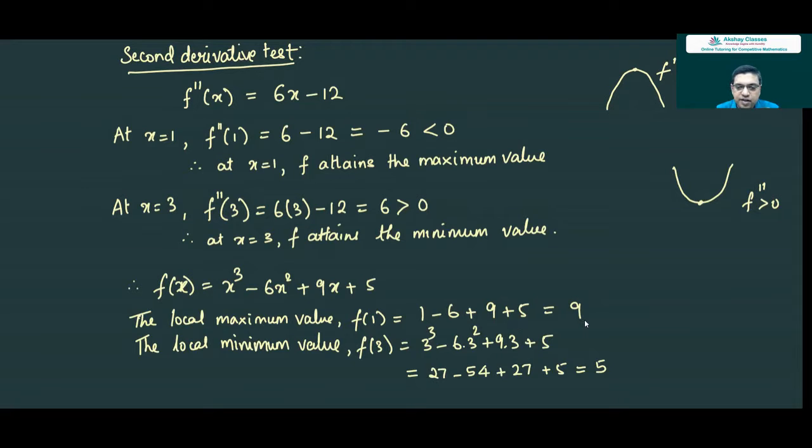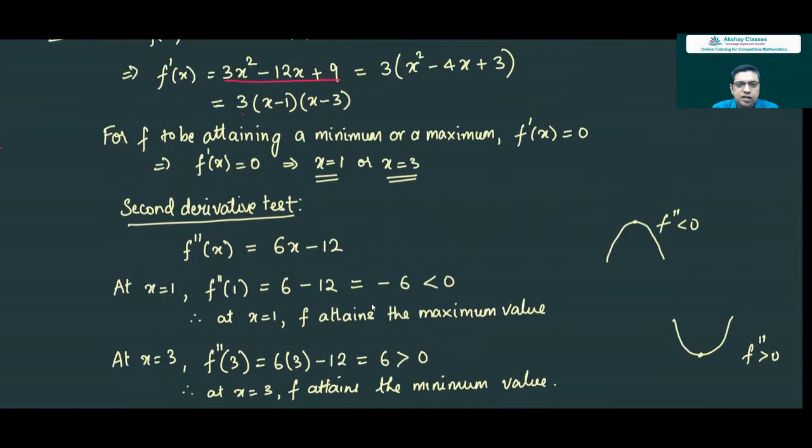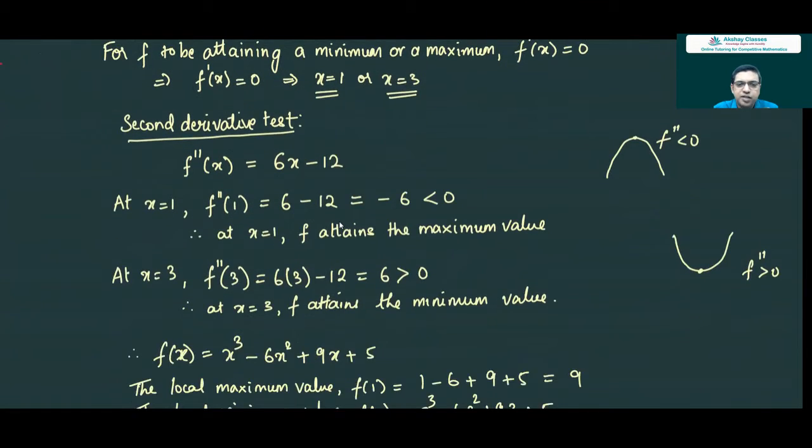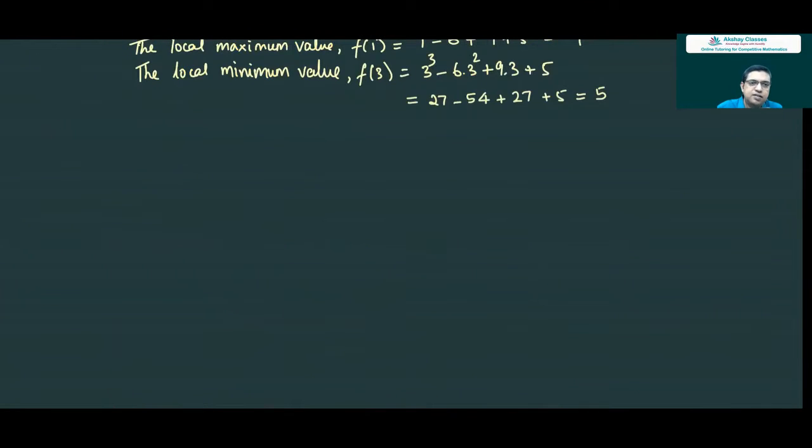So at 1, the value is 9, at 3, the value is 5. So this is the local minimum. That was the second derivative test. Now, I would wish to highlight an alternative method using the first derivative test. This is faster many times.